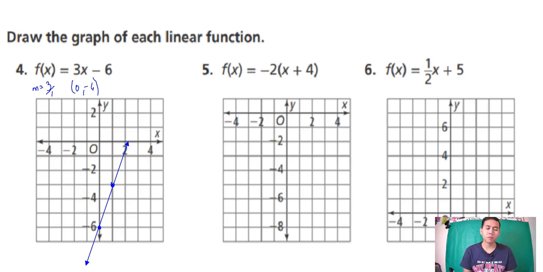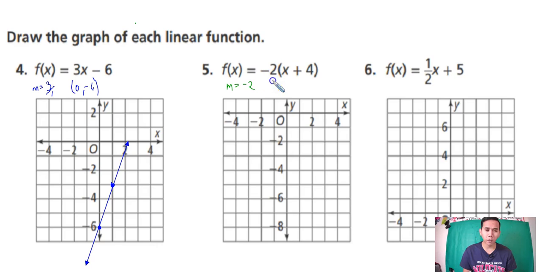All right, for example number 5, as you can see, there is a parenthesis there. So the scale factor of this linear function is negative 2. So your slope there will be negative 2.